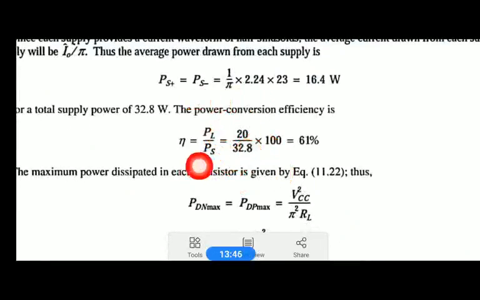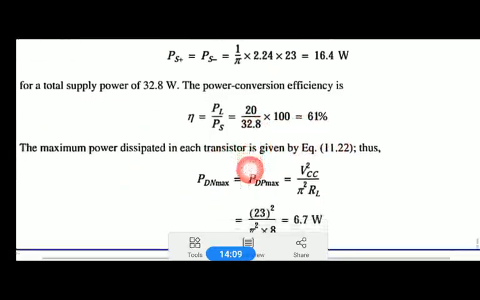See, the total power supply is the sum of the individual power supplies. The individual power supply is 16.4 for VCC, and for minus VCC it is also 16.4. So if both are added, it is 32.8 total supply power. Then PL by PS multiplied by 100 gives an efficiency of 61%.